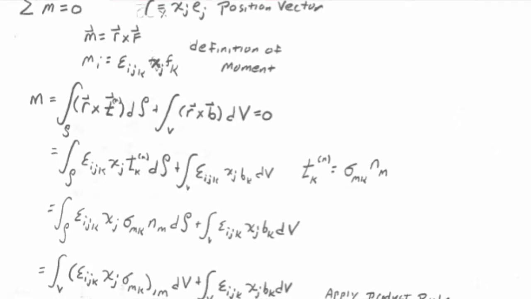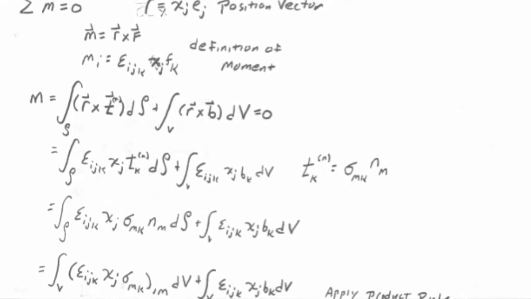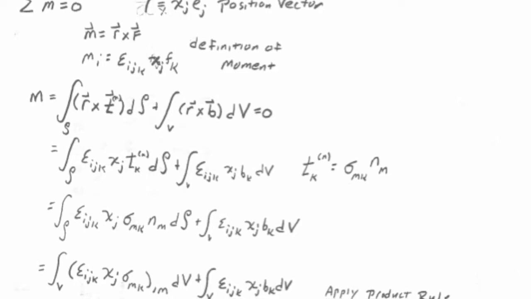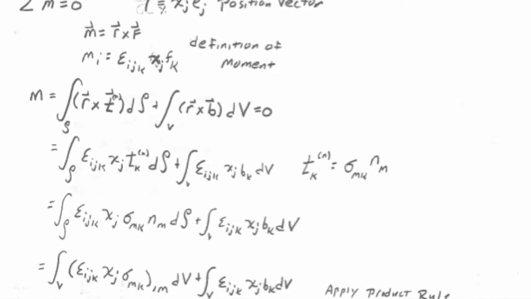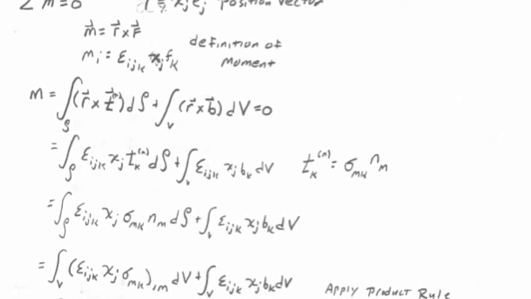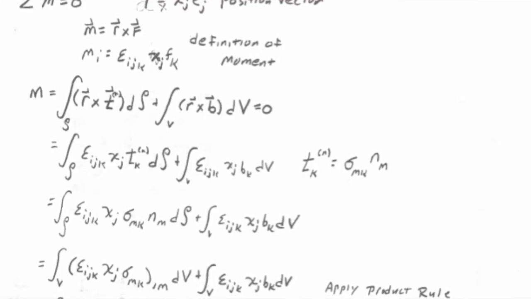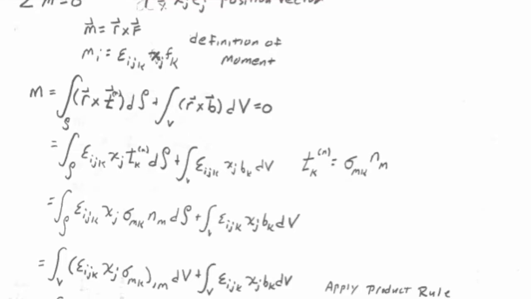Okay, so sum over the moments. This is a little more involved. We can define a position vector R, which is our position in the body. So what's our moment?